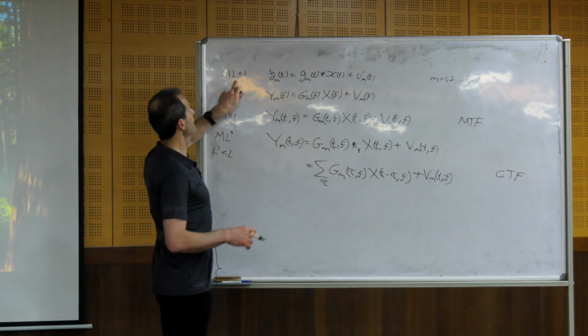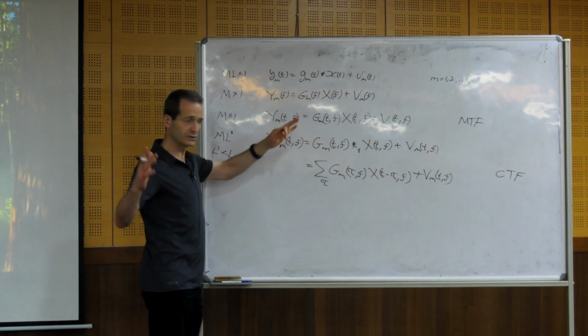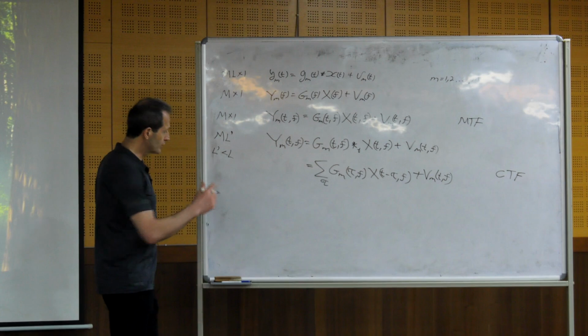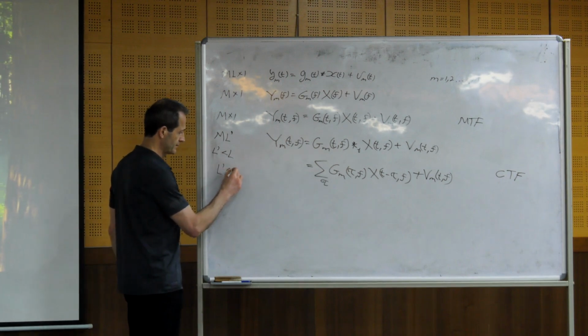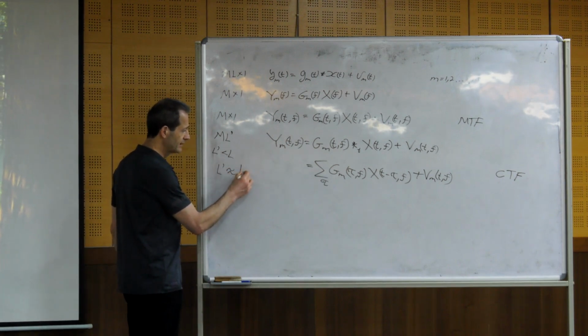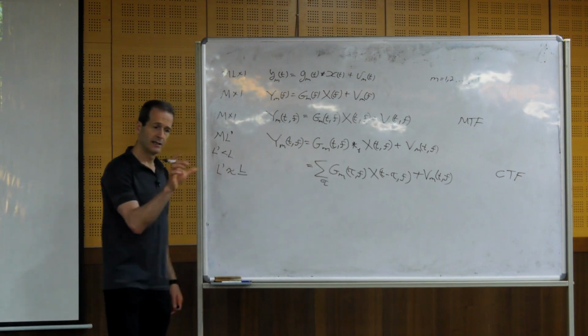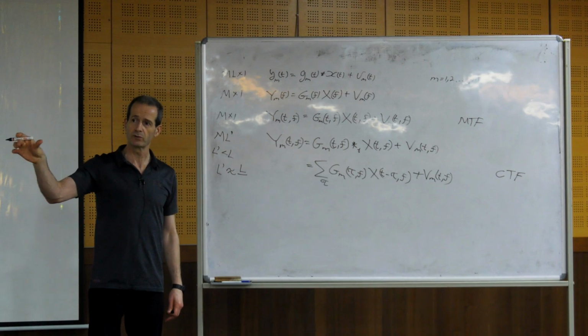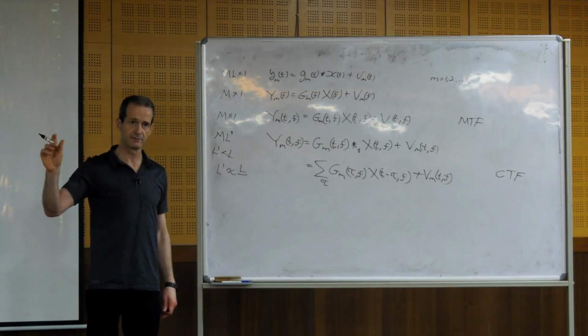But if L here is long, as we choose a certain length, L prime is roughly L divided by the hops between different windows of the STFT. Okay?